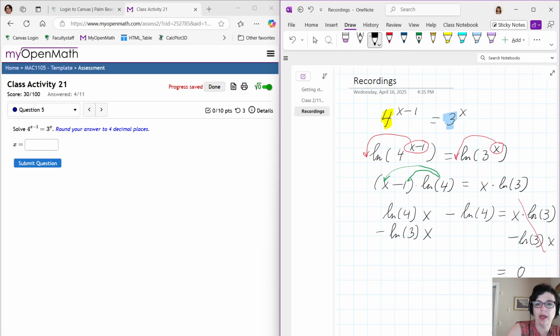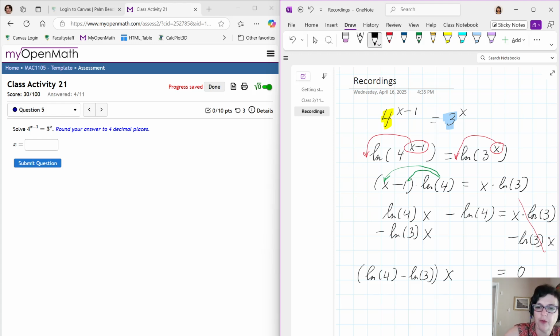On the left-hand side, you can't really simplify other than factor out the x. So that's natural log of 4 minus natural log of 3, multiplied by x. Just think of it as 5x minus 3x equals 5 minus 3 times x. Of course, it's not 5 and 3, it's natural log of 4 and natural log of 3, but that's the way it works.